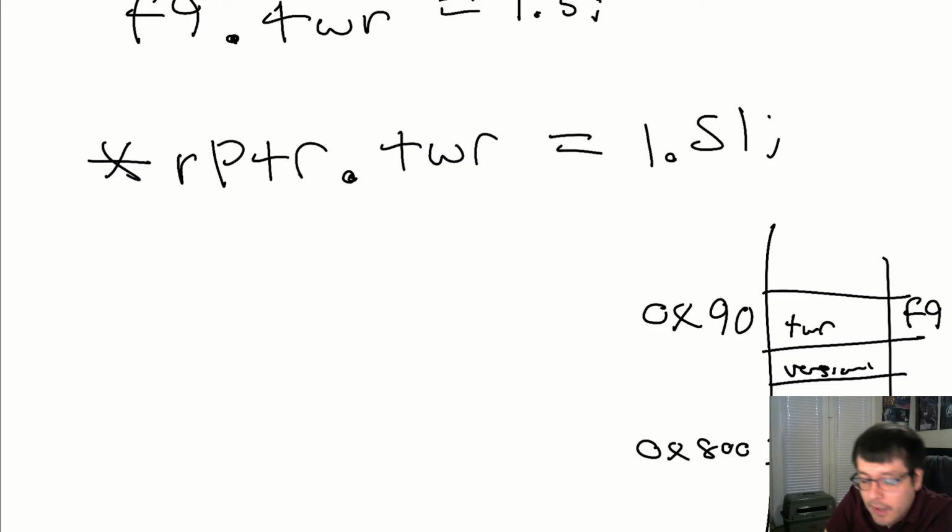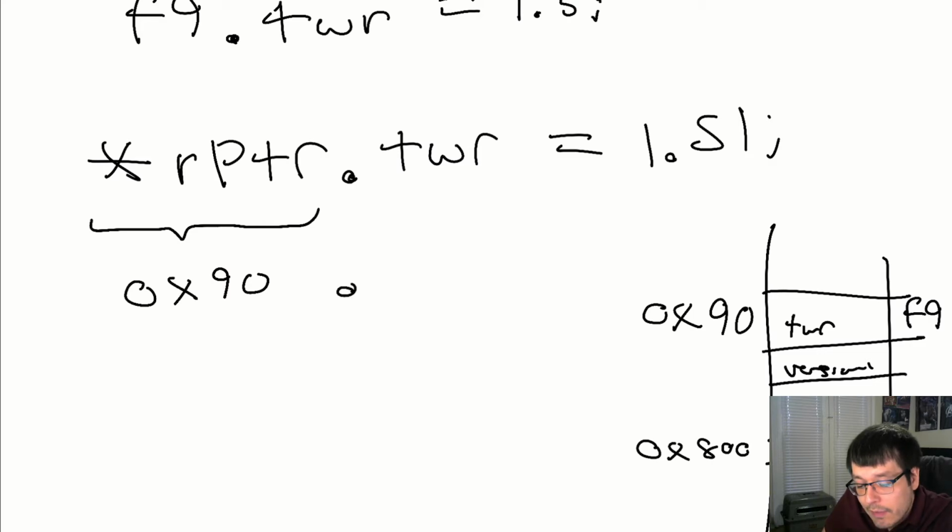You have the right concept in putting a dereference operator here because that's going to get you to the address of 90. And then once you're there, you of course want to dereference that address location for TWR, which is going to be some sort of offset, which in this case is just 0. However, while the concept is right, it turns out that you run into a problem with order of precedence.